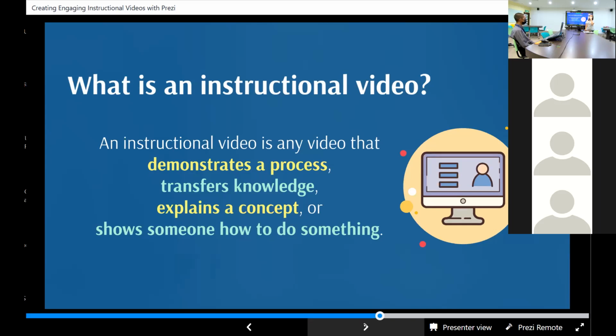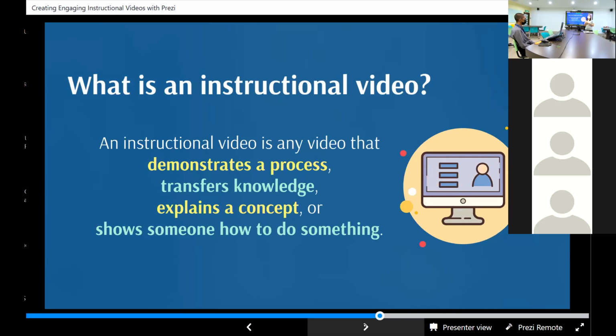Because I noticed that in my past trainings on video making, a lot of times lecturers think that making video means I must have the professional set up, the room, the videographer, boom mic, lighting, all these. No. We are not doing that. We are not making Hollywood movies. We just need to make instructional videos only.